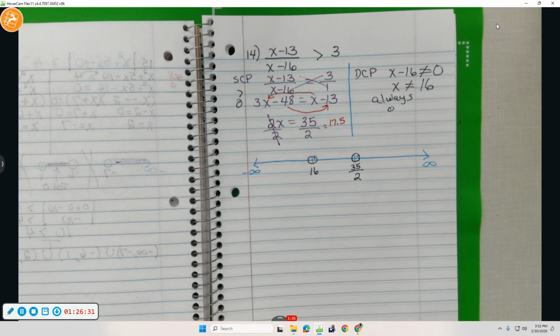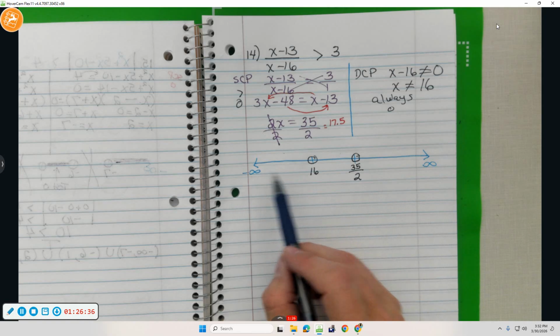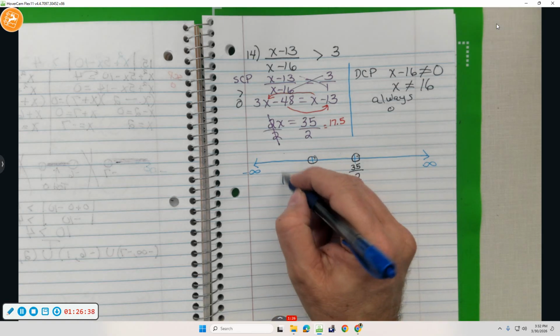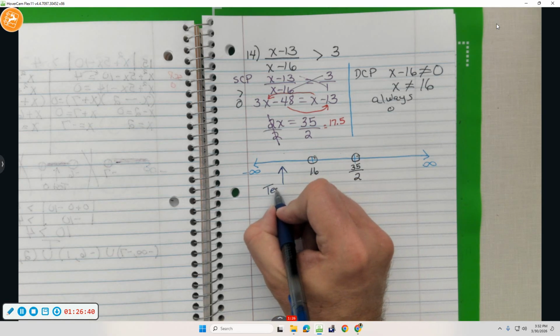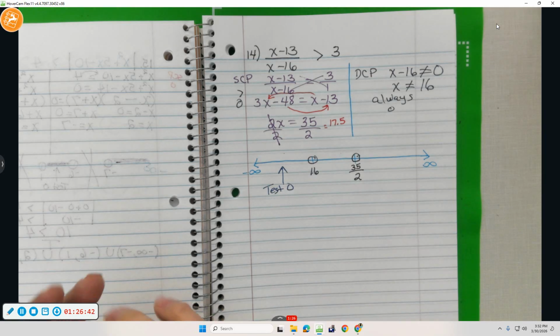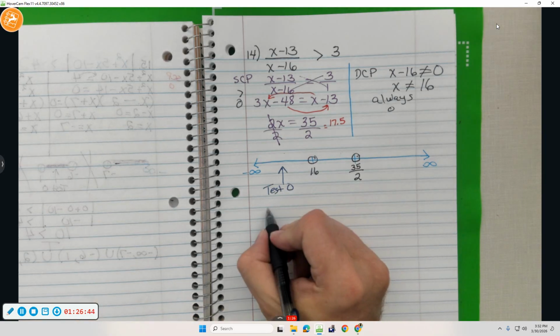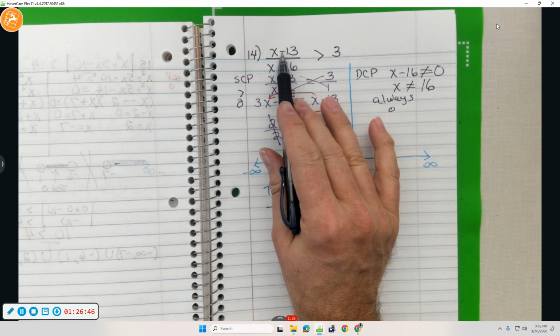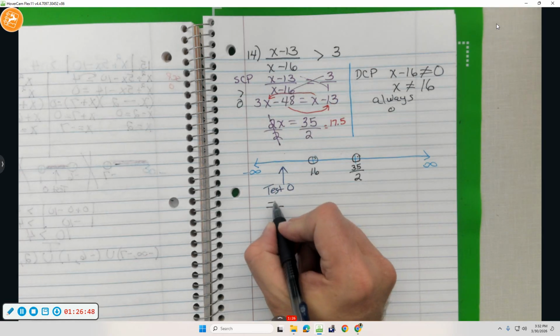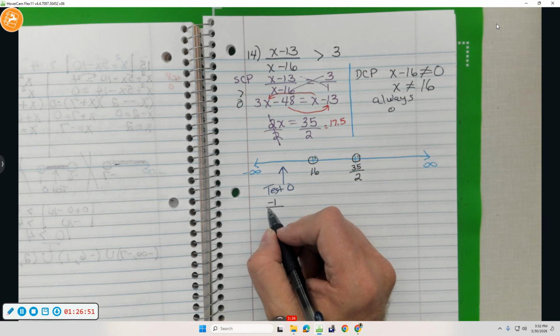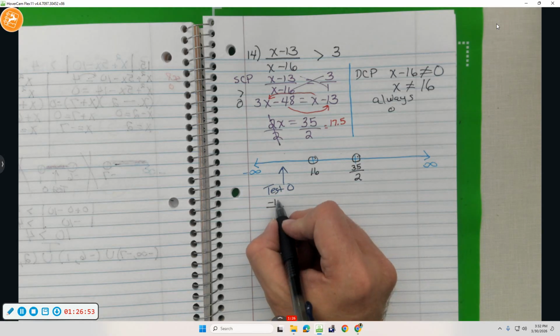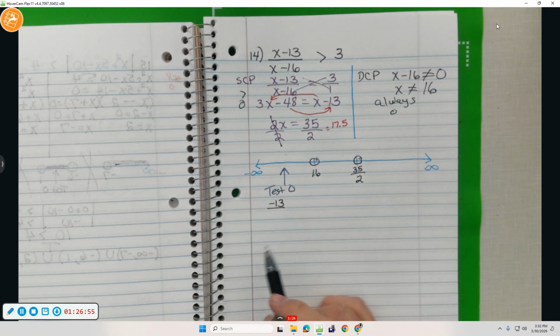I'm going to test 0. Where does 0 lie? Between negative and positive. So plugging in a 0, we have 0 minus 13, which would be just a negative 13.